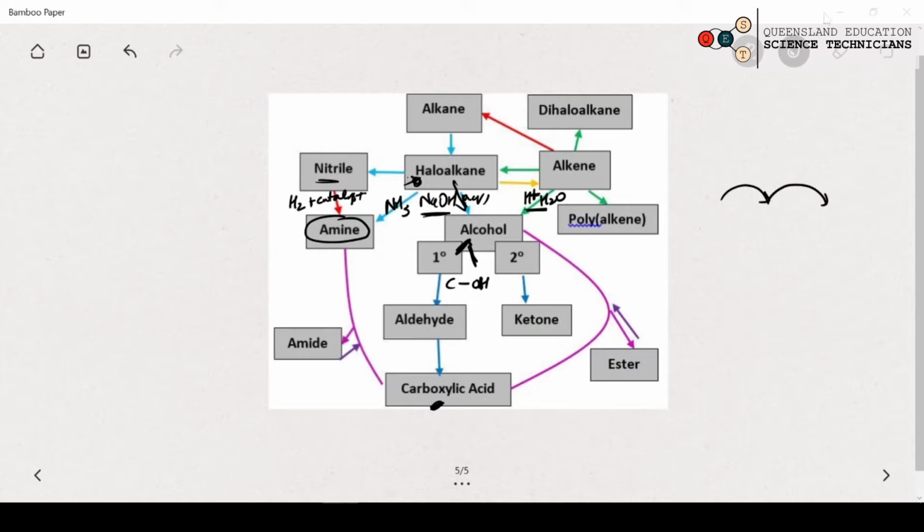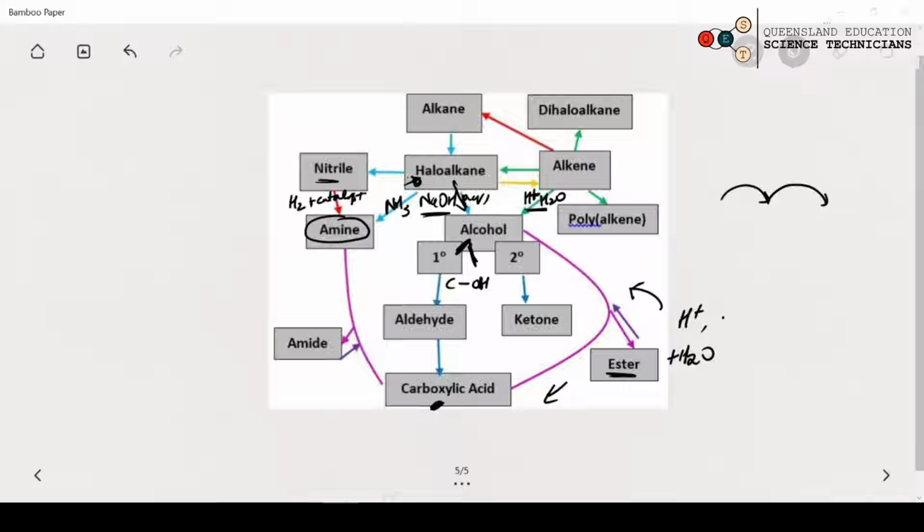It can't be a secondary, because this has to have been a primary alcohol to go all the way down. You may have to show that this is a reversible reaction, which means that you're going to have to say, if I have an ester plus H2O and I add this acid catalyst and add my water in, I'll go back to being my alcohol and my carboxylic acid.